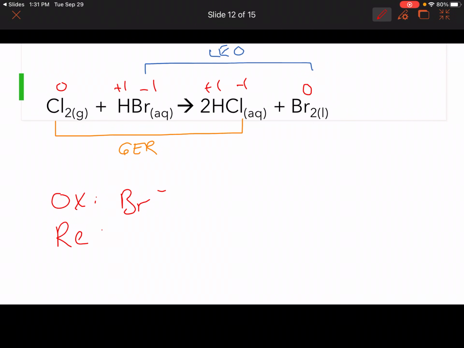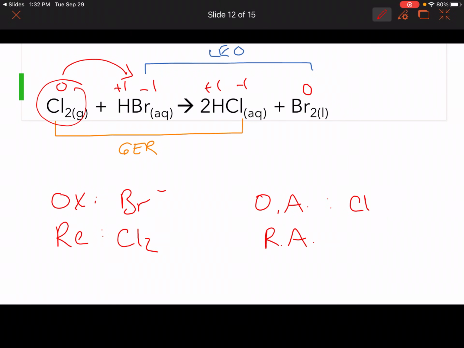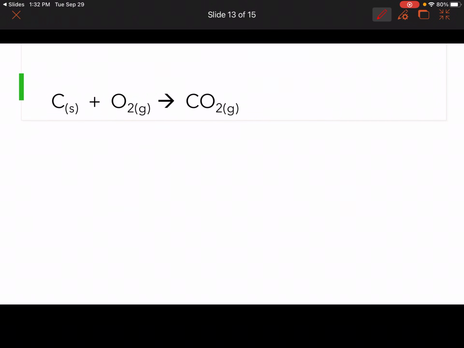What was reduced was the chlorine gas. Now, which one is the oxidizing agent and the reducing agent? The oxidizing agent is the thing that did the oxidizing. So it's the thing that reduced because the chlorine here oxidized the Br minus, right? So the oxidizing agent is going to be the Cl2, and the reducing agent is going to be the bromide, Br minus. Okay, good. We'll work through another example here.